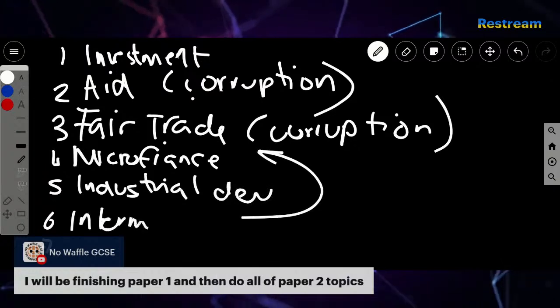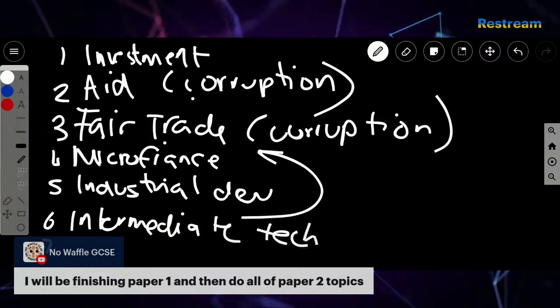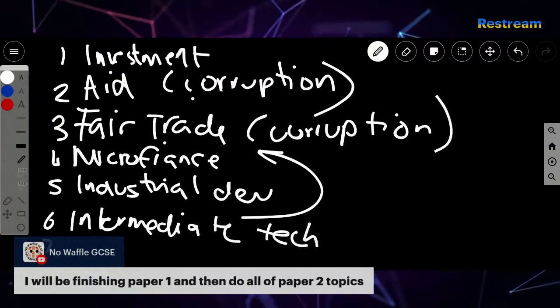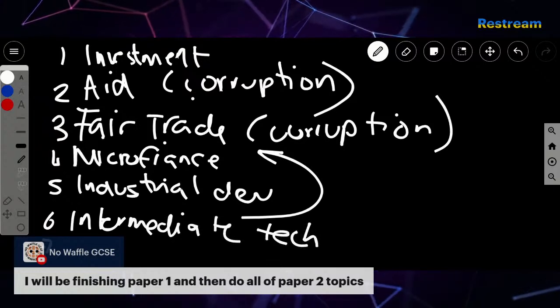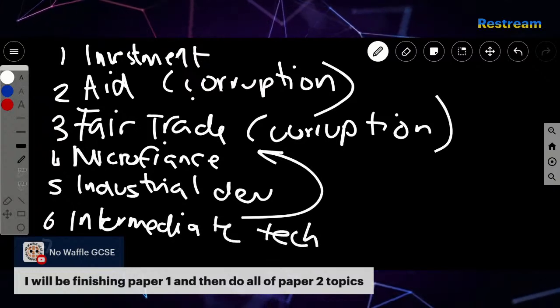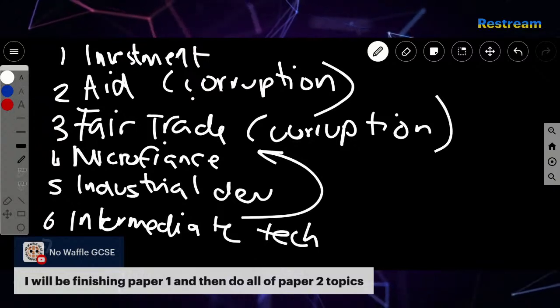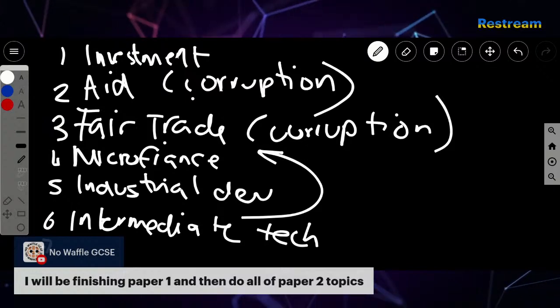Okay, in terms of industrial development, in countries with a very low level of development, agriculture can make up a large proportion of the economy. Industrial development is developing the industry and moving away from farming, which doesn't generate as much money, to something such as manufacturing, which not only provides people with jobs but higher skilled jobs.